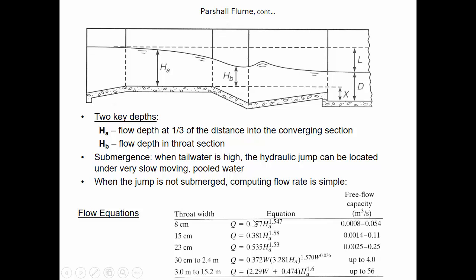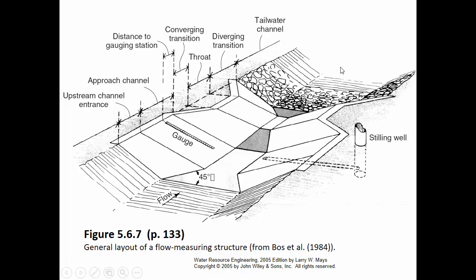Now the tricky thing about the flume is that if there's a lot of water downstream, so let's say that you've put the flume into a creek that's pretty shallow, and so the tailwater is just talking about where the water goes after it comes out of the flume.